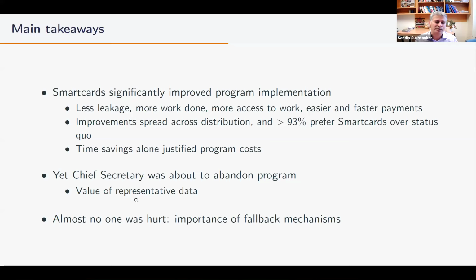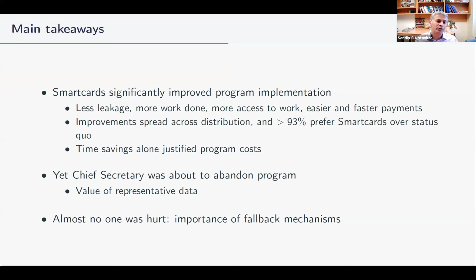It's really important to do this research in a rigorous way. The second big takeaway was that almost no one was hurt because there were these fallback mechanisms. Okay, and so I'll keep coming back to this later on. That means that even if you didn't have the biometric IDs, even if your fingerprints weren't authenticated, you could still get the money out.